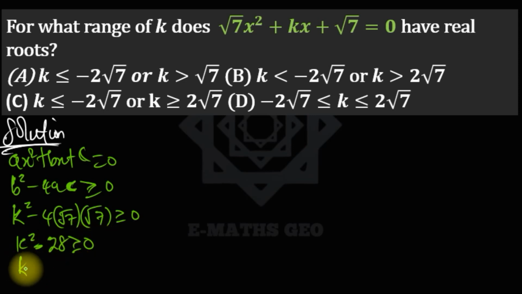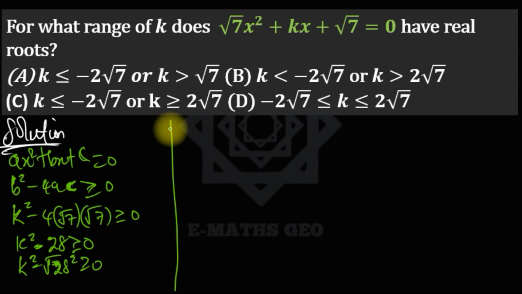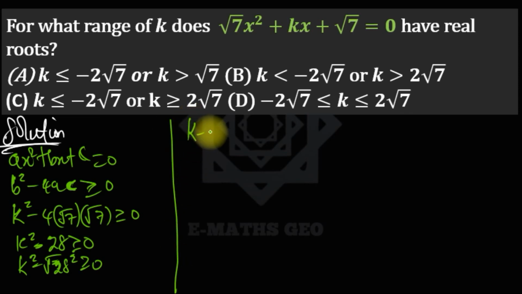So from here, we can write this as a difference of two squares. I can write this as root 28 all squared, and this is now k minus root 28 times k plus root 28 is greater than or equal to 0.